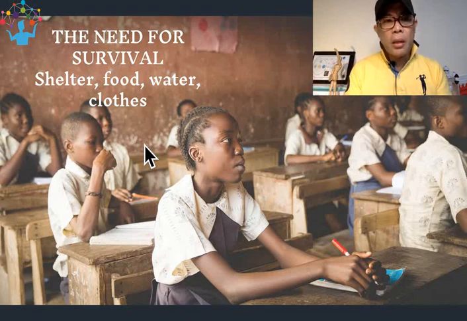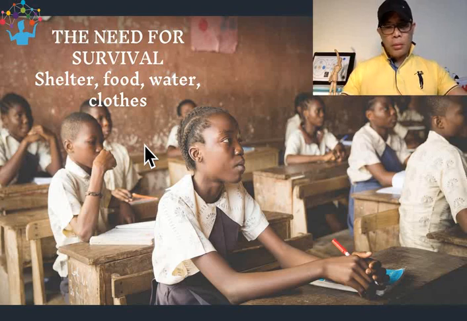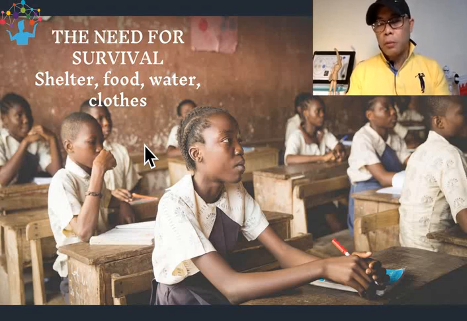So what the theory is saying is that if you really want to make learning more impactful or more beneficial to the children, just make sure that the survival needs of the children in front of you are being addressed: the shelter, food, water, and clothes.